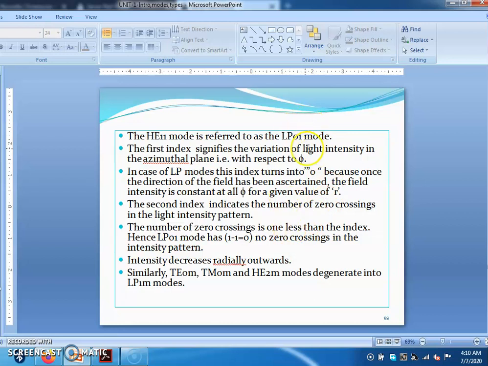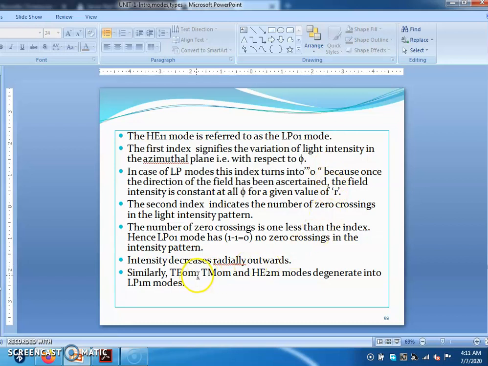So, for LP01 mode, the number of zero crossings is 1 minus 1 equals 0. So, no zero crossings are there in the intensity pattern. As you move away from the center of the core, the intensity gradually decreases radially outwards.